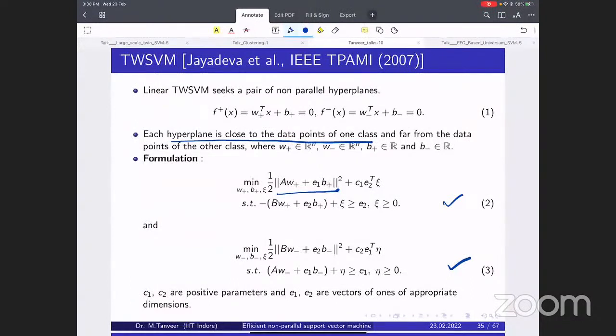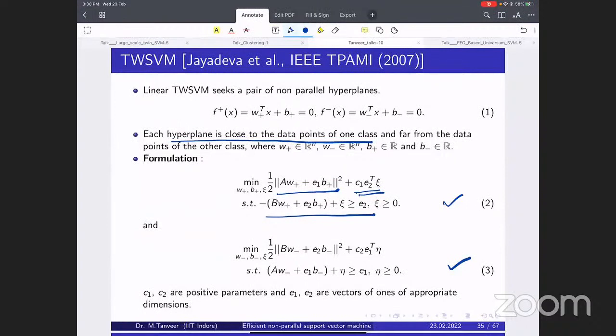The constraint requires the hyperplane to be at a distance of at least one from the points of the other class, say class minus one. Here a set of error variables is used to measure the error whenever the hyperplane is closer than the minimum distance one. So the second term is the sum of error variables, and this attempts to minimize misclassification due to points belonging to class minus one.